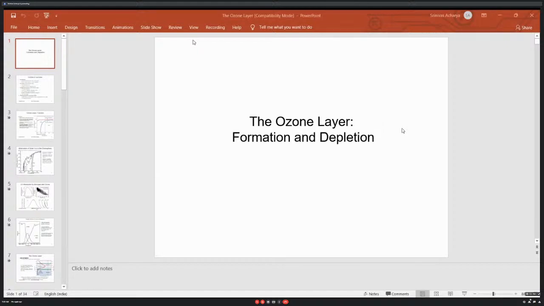And what is the role of this ozone, how is it formed, and how does it break down in a natural way? And what is the role of chlorine free radicals from chlorofluorocarbons and other free radicals, elements or molecules in degrading or depleting this ozone layer?